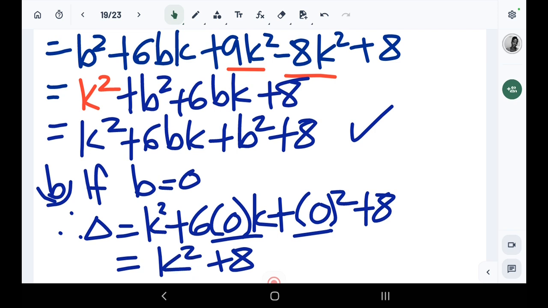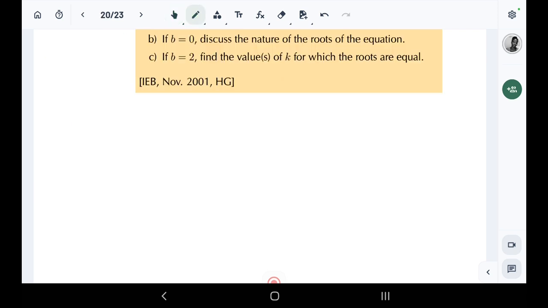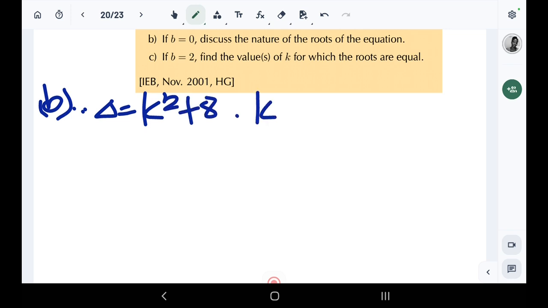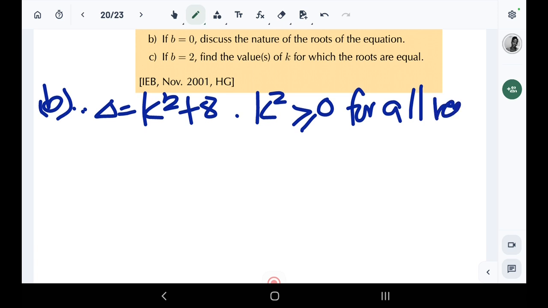Now k squared will always be positive for all real values of k. The discriminant will be k squared plus 8. Okay, k squared will always be positive for all real values of k.